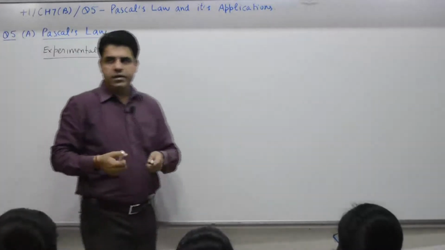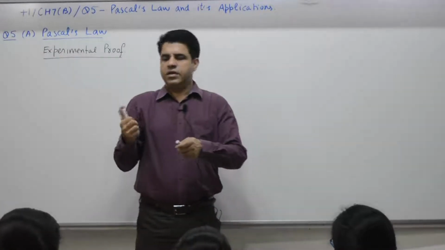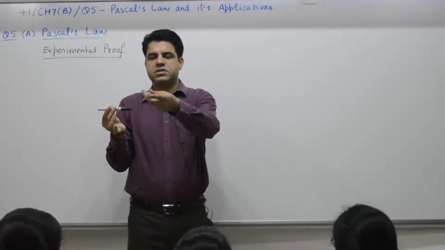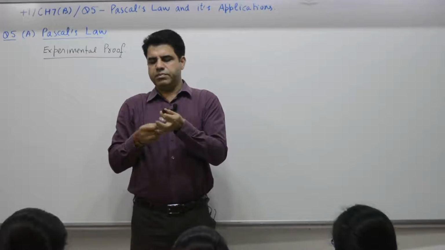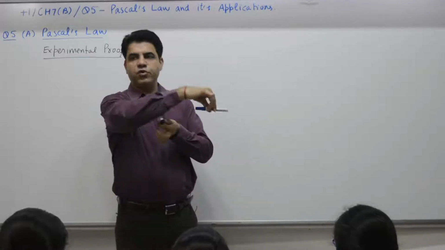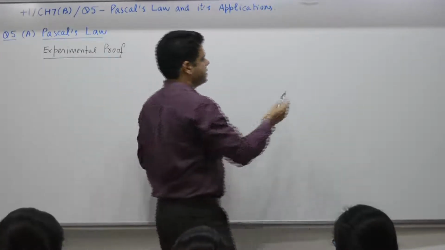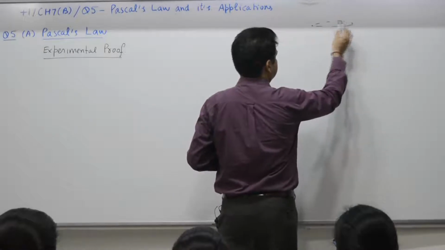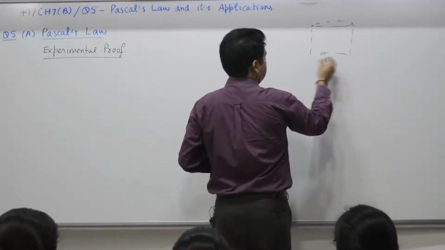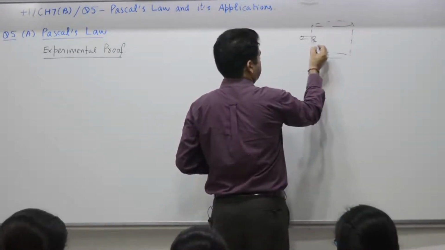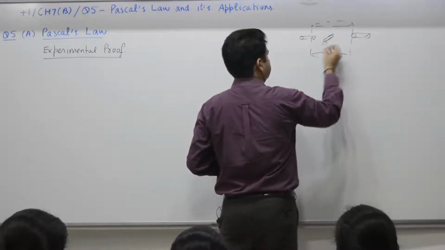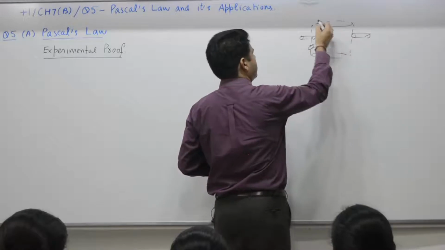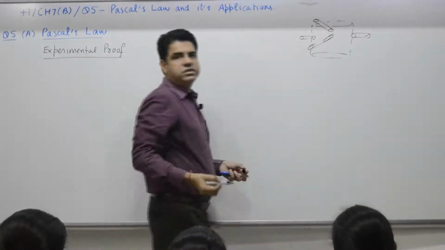There is a container, big container, and you have number of pistons marked at same level. Piston number 1, piston number 2, piston number 3, piston number 4. So the arrangement is of this type. This is three-dimensional view of the same.